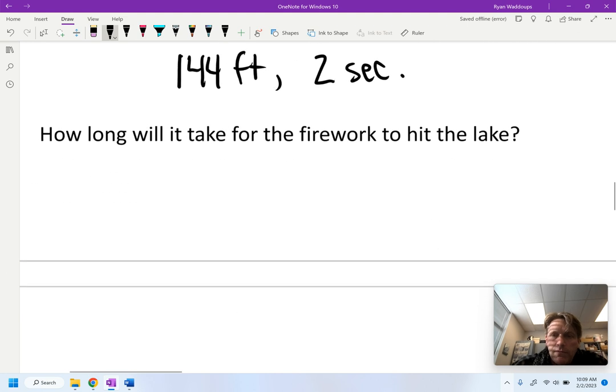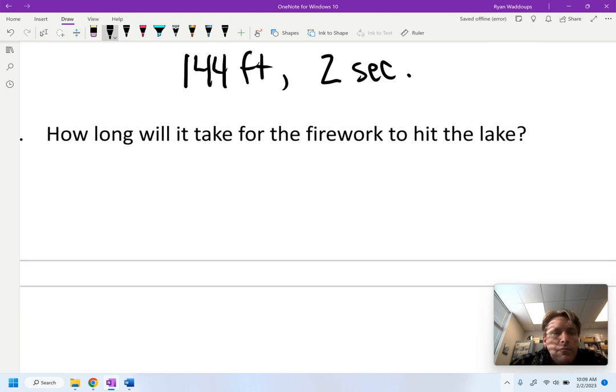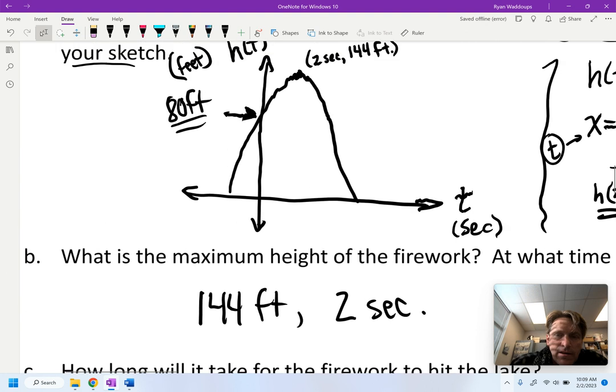We know that it hits the lake right here when the height is 0. So they're launching it, if you will. I'll go over this here in red. Like, there's a hill here, right?